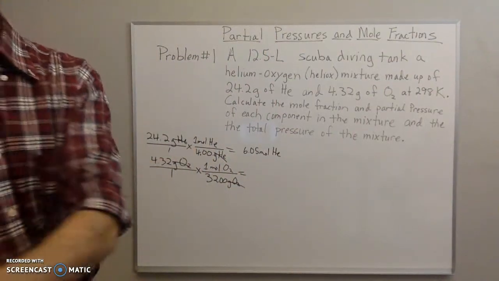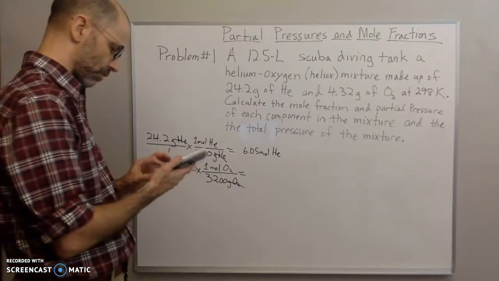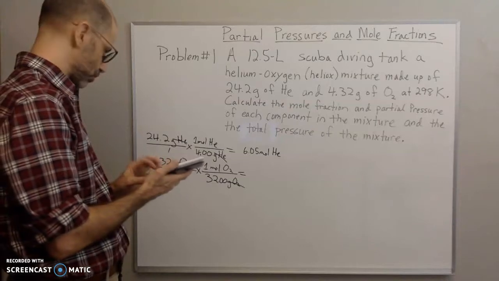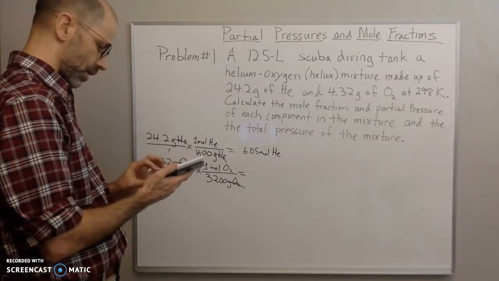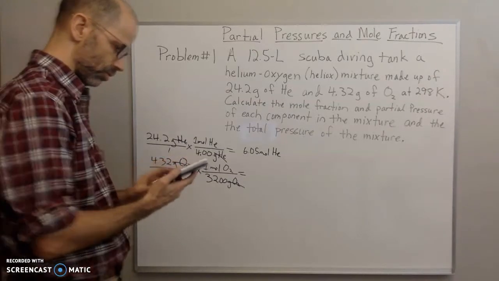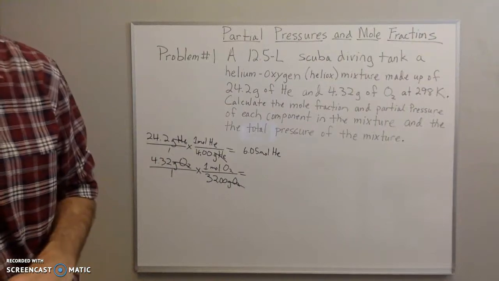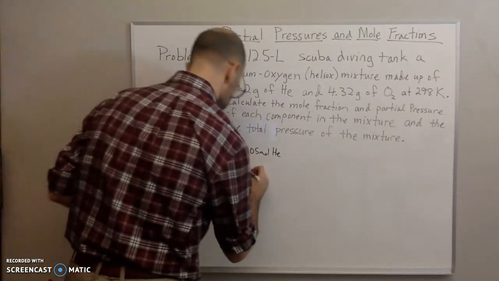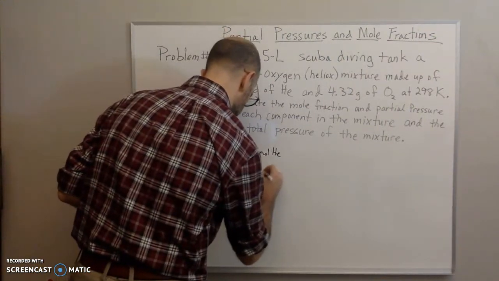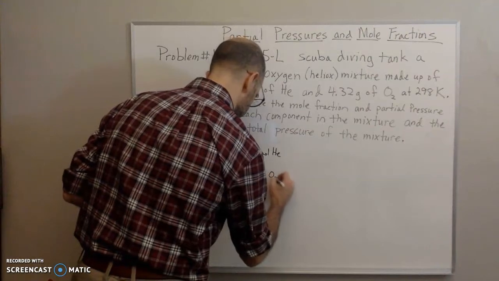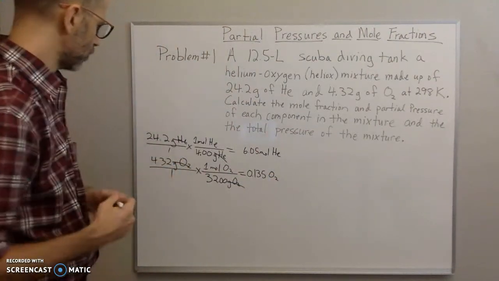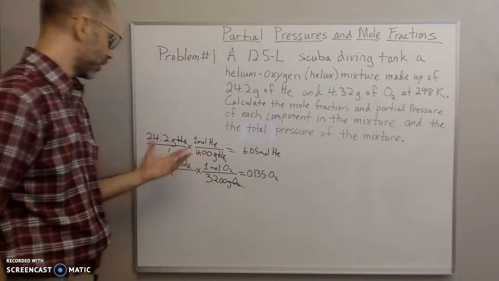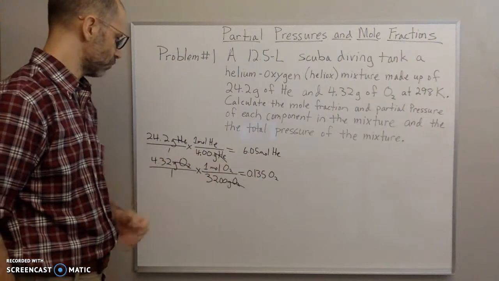Then we do the same thing for the oxygen: 4.32 divided by 32.00 equals 0.135 moles of O2.